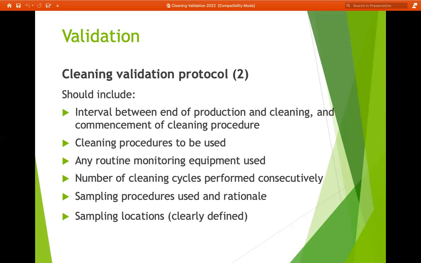It cannot be only here, this is the surface where my hand is reaching and from that only I'm going to draw the sample. It shall be defined based on the critical parameters like difficult to clean area, we have to consider first, and that difficult to clean area shall be identified as a rationale for sampling location.